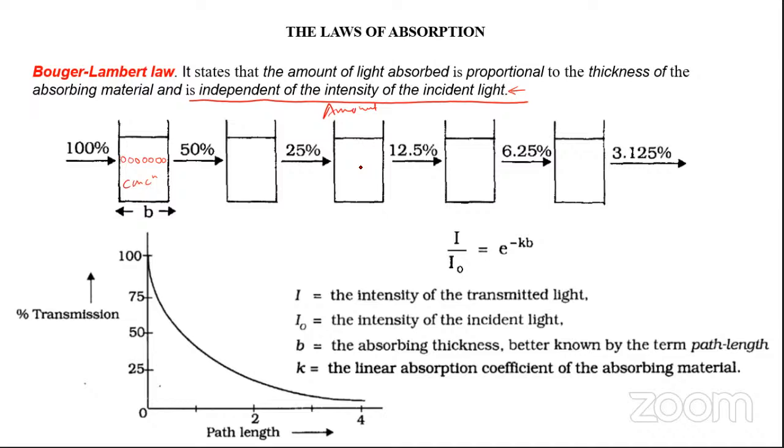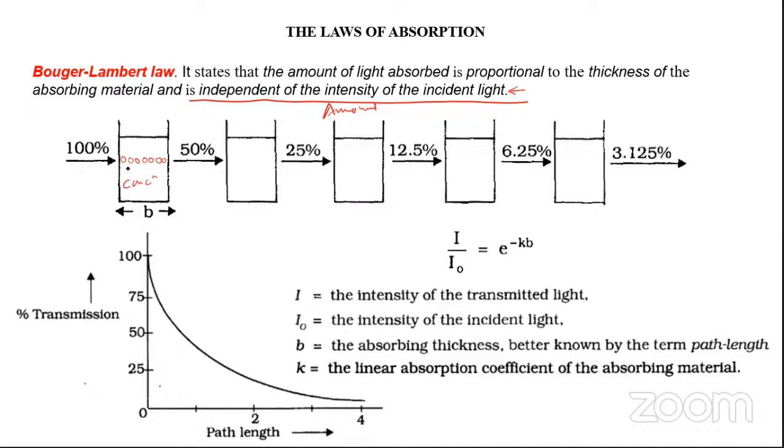Okay, so let me put it like this. Like we understood something about concentration, absorption is a two-entity phenomenon. Do you agree? That means there has to be an interaction between light and matter, correct?